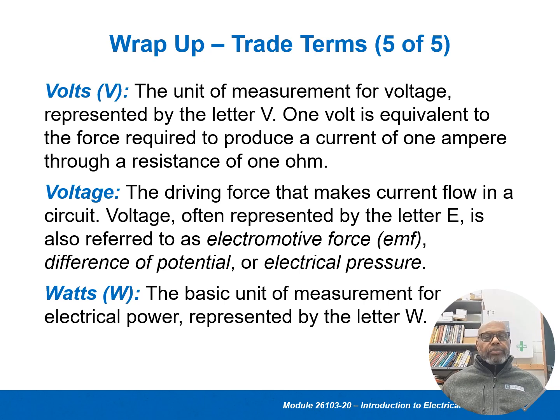If you have 120 volts in an outlet, that is the force. The voltage is the electromotive force. It's the potential difference, the difference between the positive and the negative, or the difference in the sides of the power.